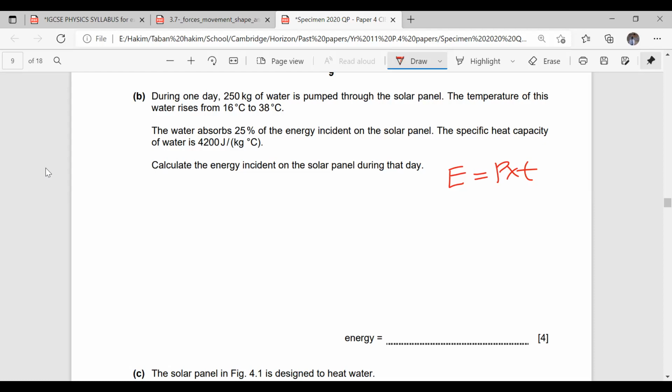Energy is also equal to IVT, which is the same as IV times T.